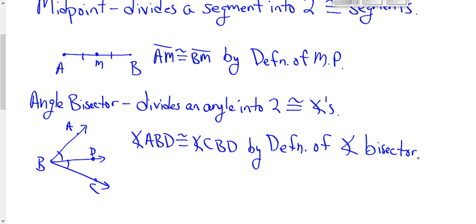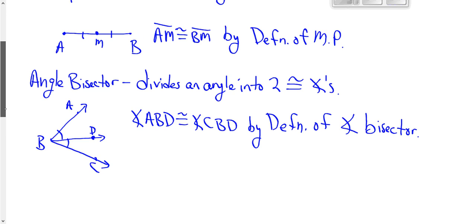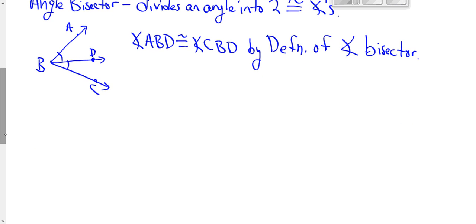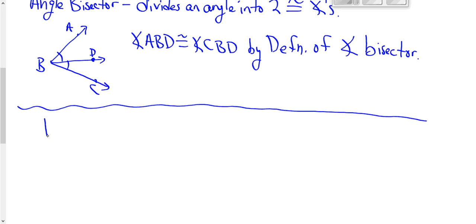So we have a couple of possible reasons for proofs. I'm going to jot down a couple more. Let me just draw a little line here. I'll call this possible proof reasons. Reasons to say things are congruent and whatnot.